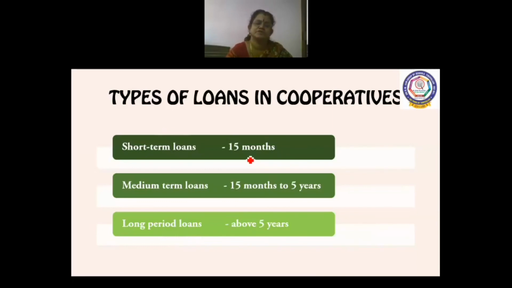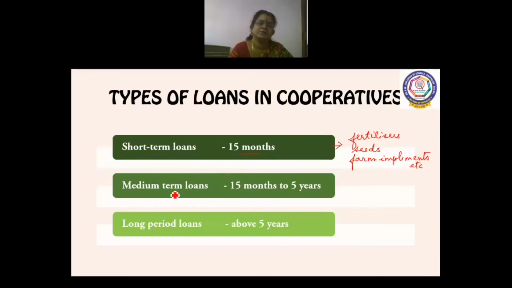Short-term loans stretch for a period of 15 months, and the farmer uses the loan amount for buying fertilizers, seeds, farm implements, etc. He also uses this loan amount for his personal expenditure.